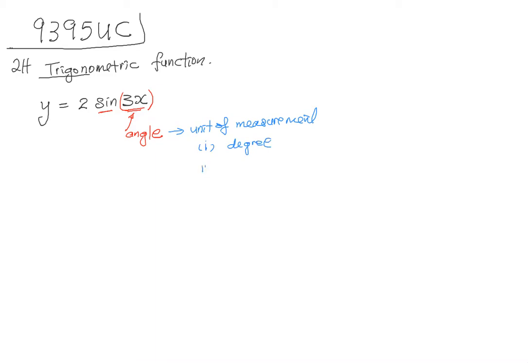The other one is called radian. One quarter of a circle is how many degrees? 90. Okay, 90 degrees. So if we put it in radian, we say this is pi by 2 radian.